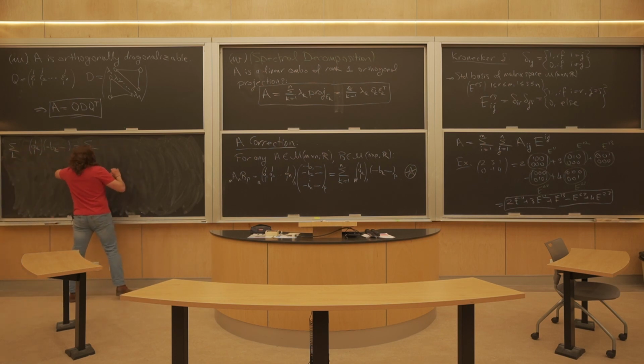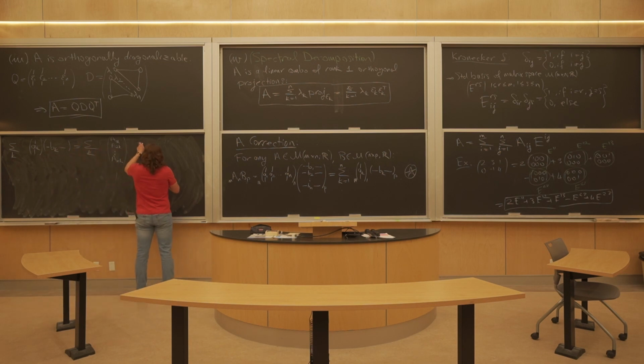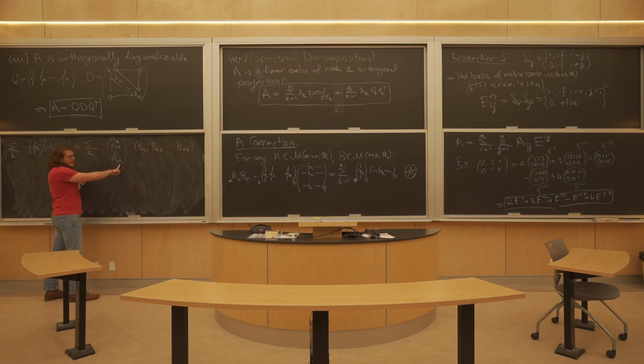Let's write this piece explicitly, okay? So this is going to be A1k, A2k, dot, dot, dot, Amk. These are the entries of this guy. And the entries of this guy are going to be Bk1, Bk2, dot, dot, dot, Bkp. I just took the kth column of A and the kth row of B.